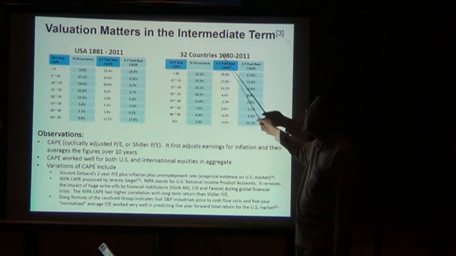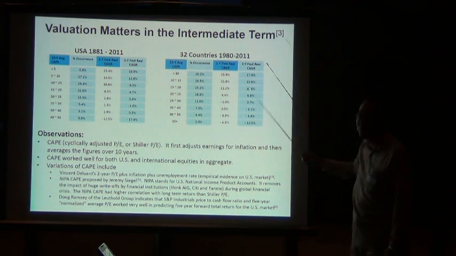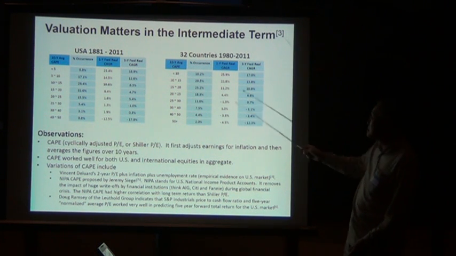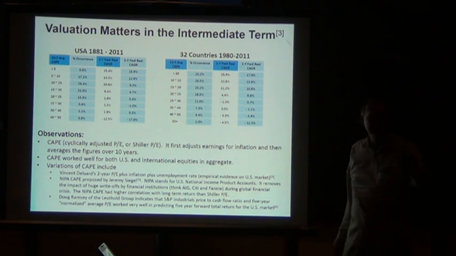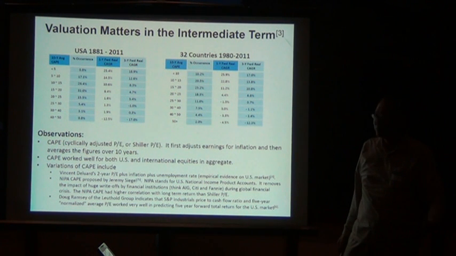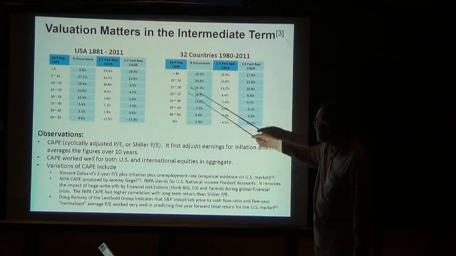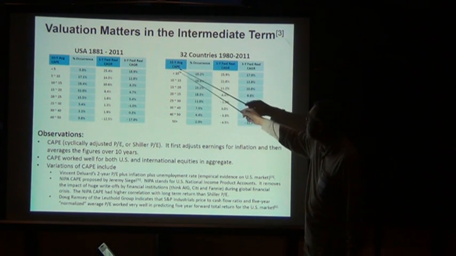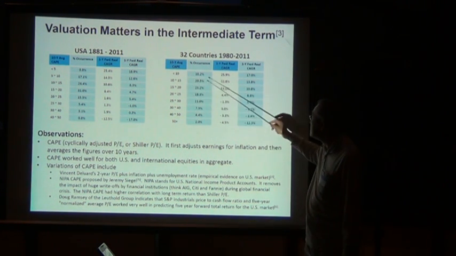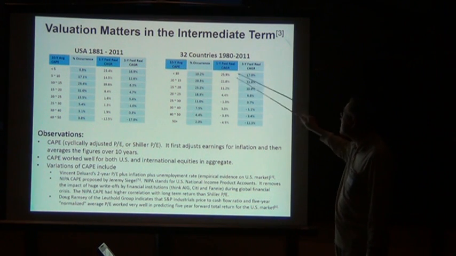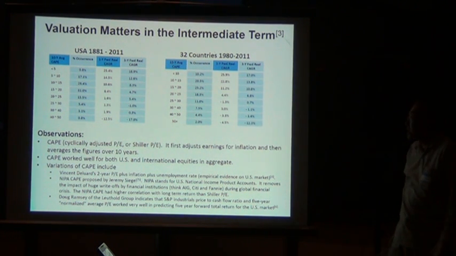He also did a 32-country study, 1980 to 2011. Some of these countries did not have data going as far back as the U.S. And you can see the same thing. When the CAPE started low, the 1-year return, 3-year return were quite high.